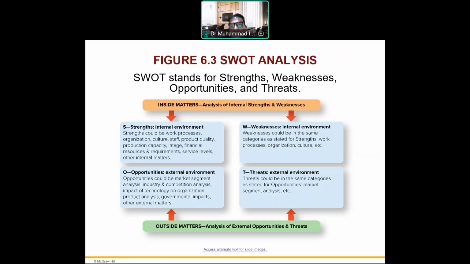But the threats could be in the same category, if we cannot read industry competition analysis. What will be the threat for us? Competition. I mean the competitor will not allow you to have more customers. Obviously they also need customers.